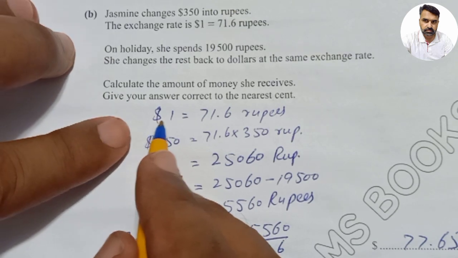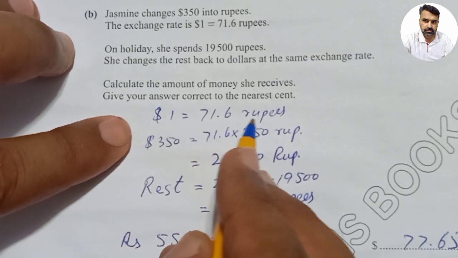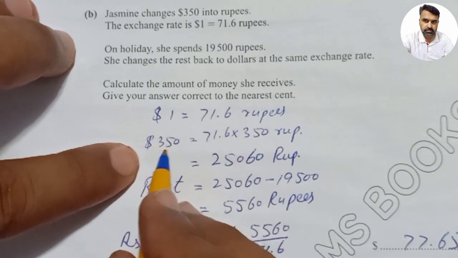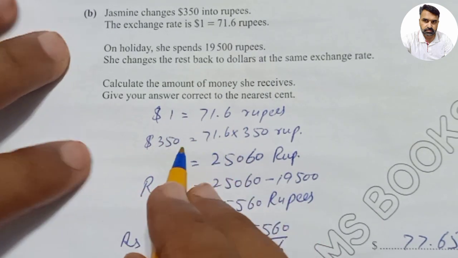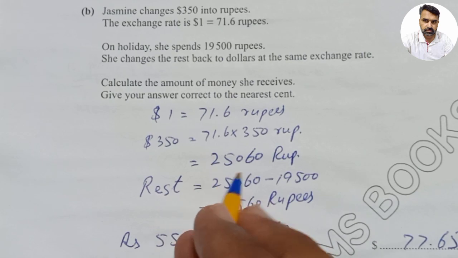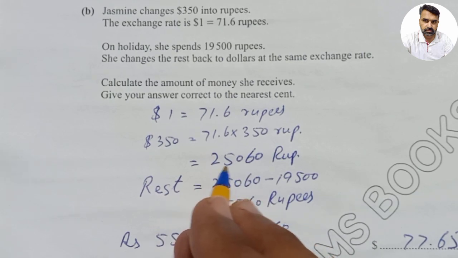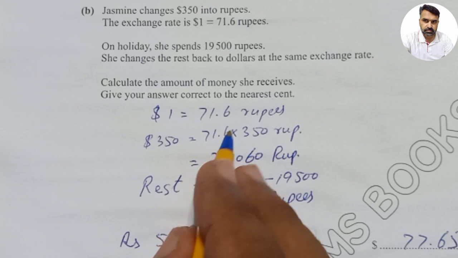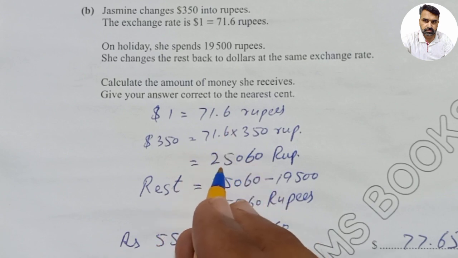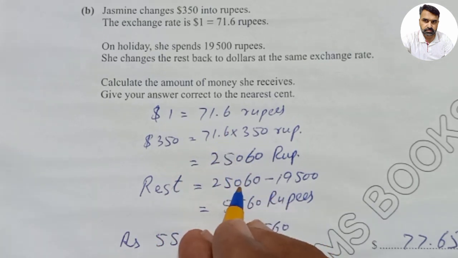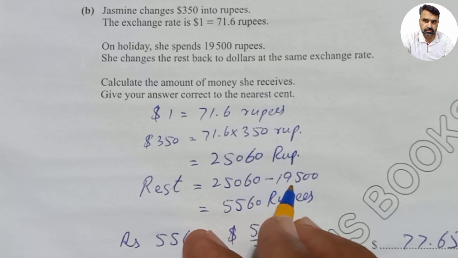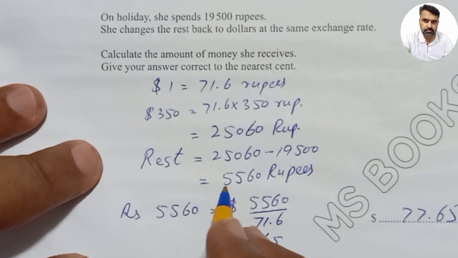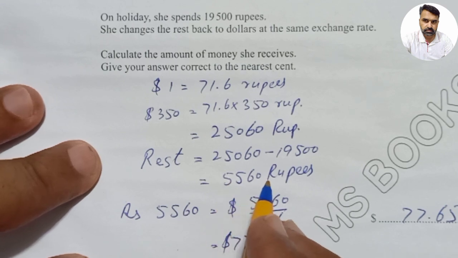As the exchange rate is $1 equal to 71.6 rupees, we will multiply both sides by 350 to change $350 into rupees, and the rupees will be 25,060 when we multiply 350 with 71.6. From these 25,060, she has spent 19,500, that will be subtracted, and the rest amount will be 5,560 rupees.